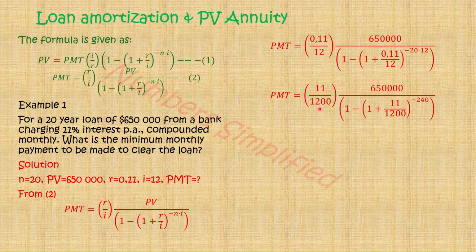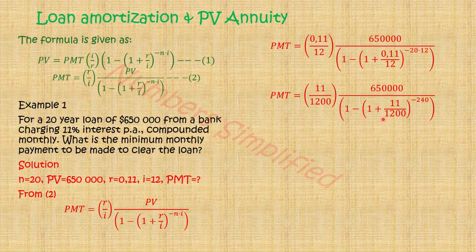You can express it as a fraction as I have done, or keep it as a decimal. But if you keep it as a decimal, make sure to keep it to either 4 or 5 decimal places so that you don't compromise on the accuracy of the answer. But where you can keep your answer exact, keep it exact.